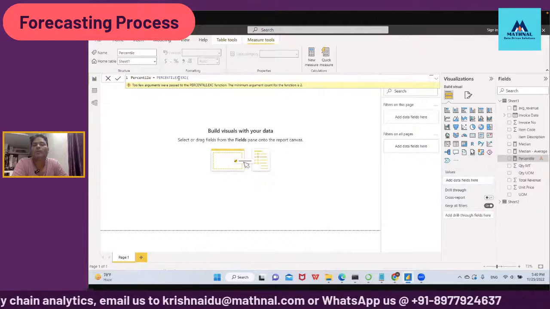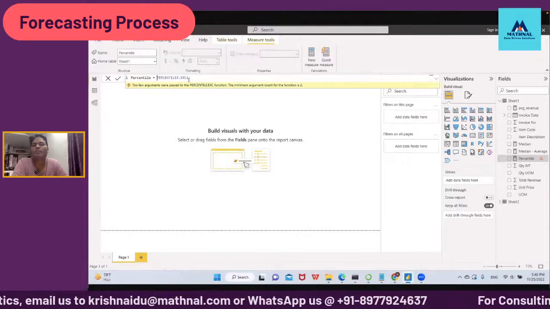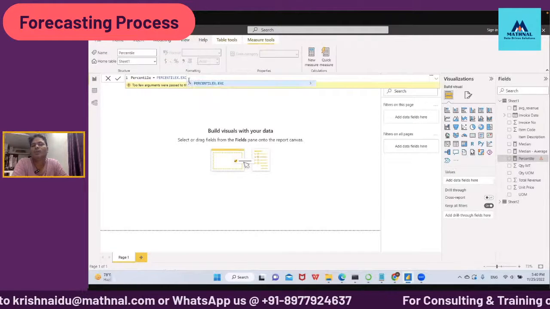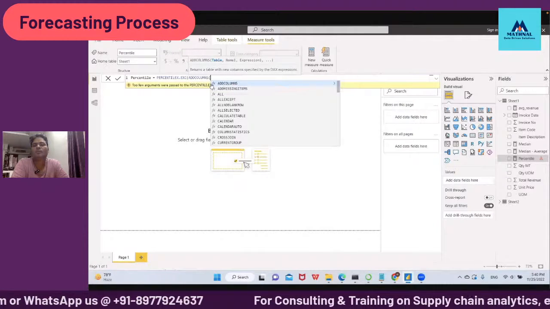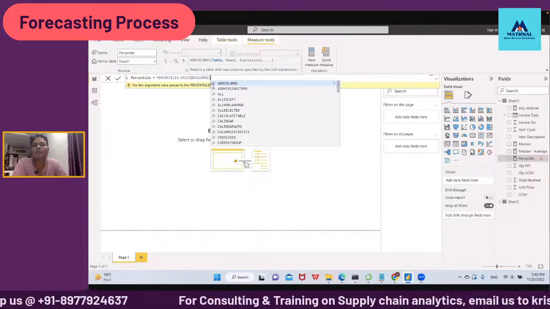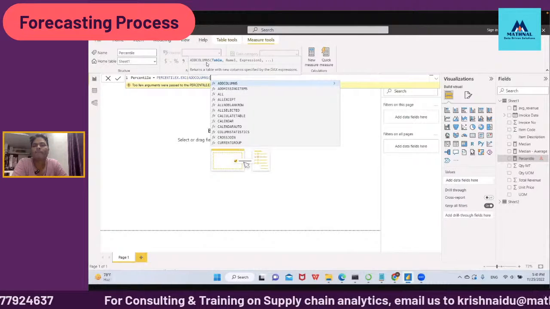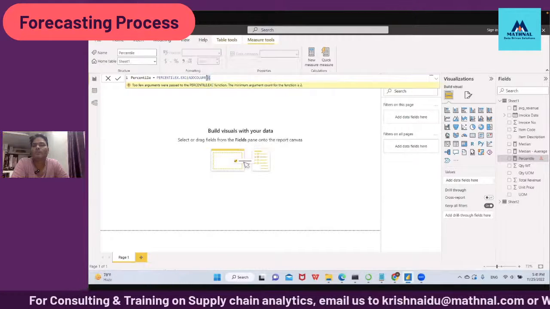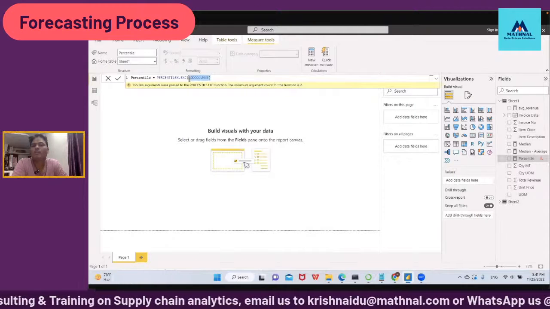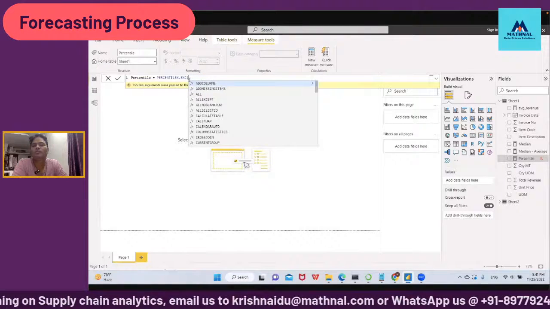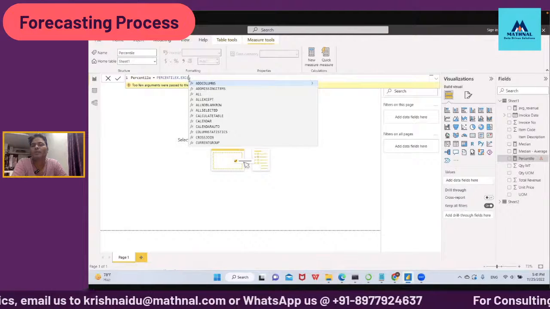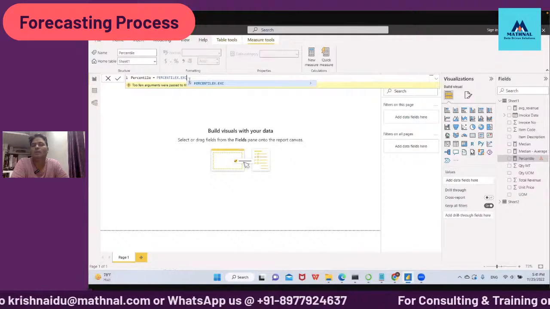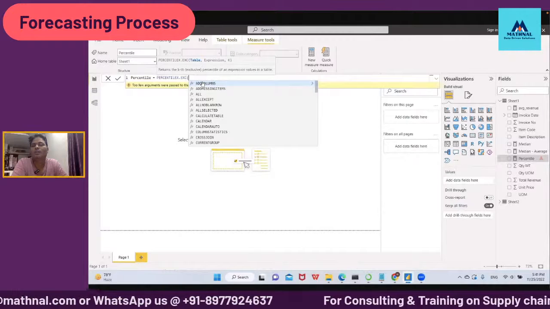Now go back, remove the opening bracket and put it once again. Double click on the one below. What is the first thing they're asking? The table. But sir, this is add column. Why are we getting add columns there? Remove that. Now remove the opening bracket also.